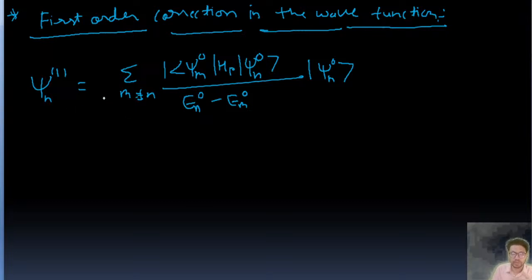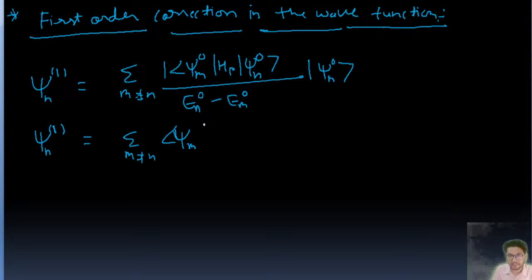Now we are going to calculate the first order correction in the wave function of the simple harmonic oscillator. Okay, so we'll write it. This is going to be psi n1, which is going to be sigma m not equal to n. So we can write psi m naught, this value is QEx, right?